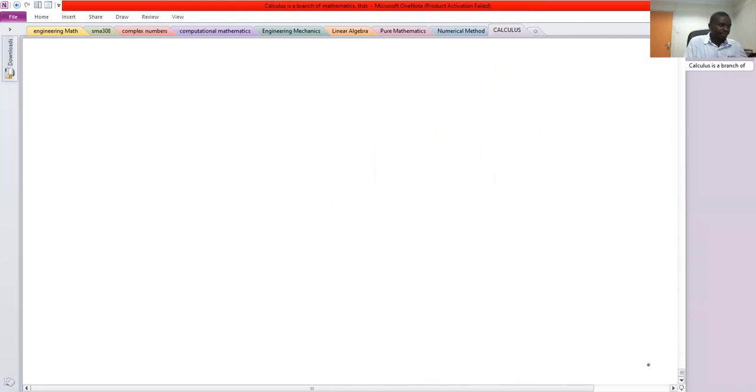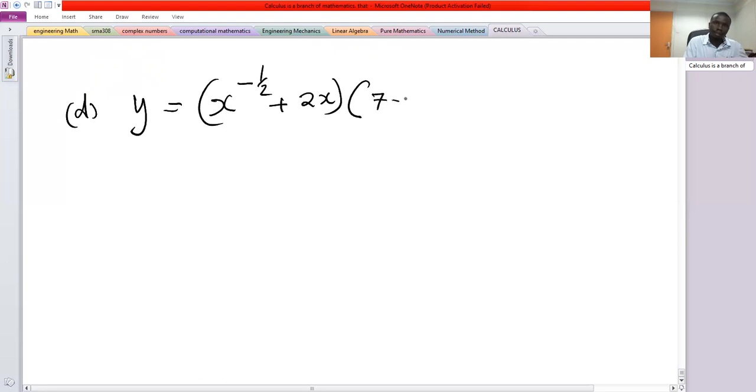And then D, y is given by x raised to power negative a half plus 2x, and then 7 minus x raised to power negative 1.